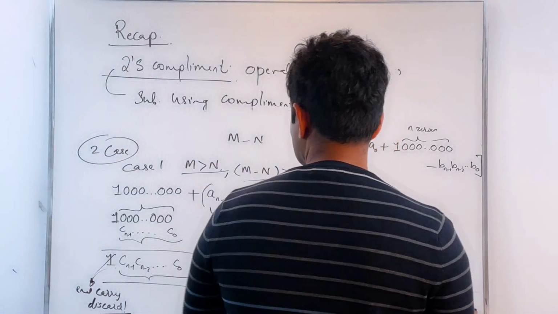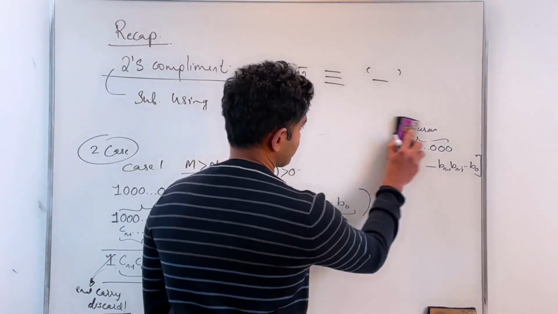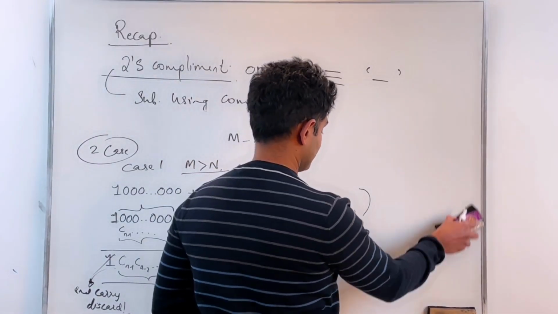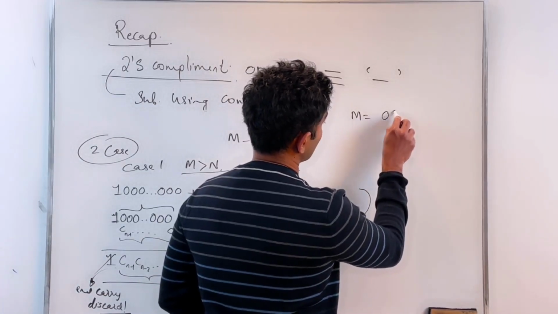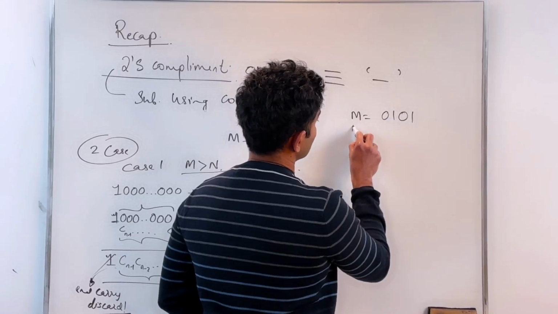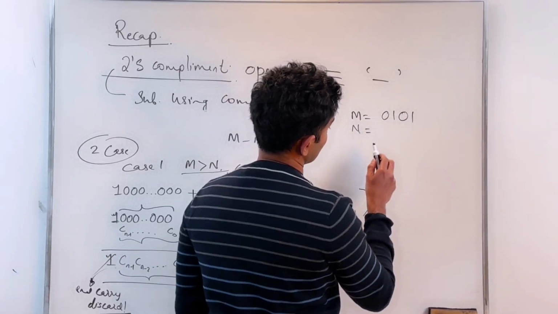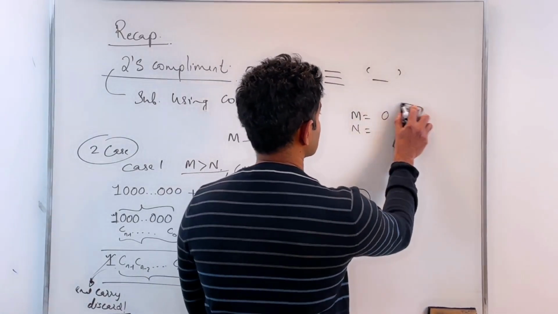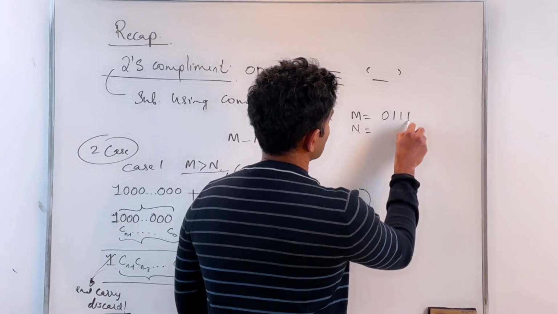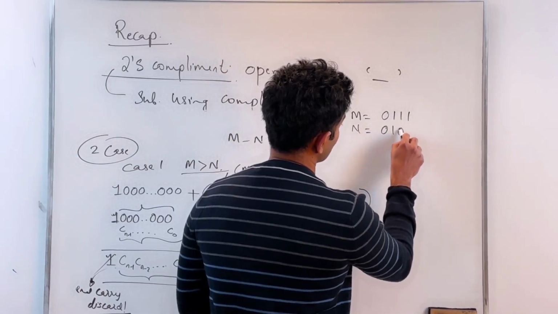Okay. Take an example that will make more sense. Let's say my M is 0, 1, 1, 1, N is 0, 1, 0, 1.